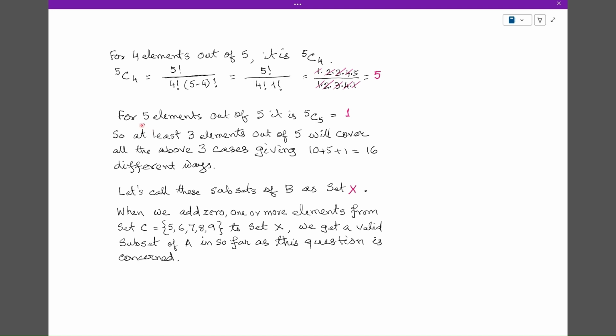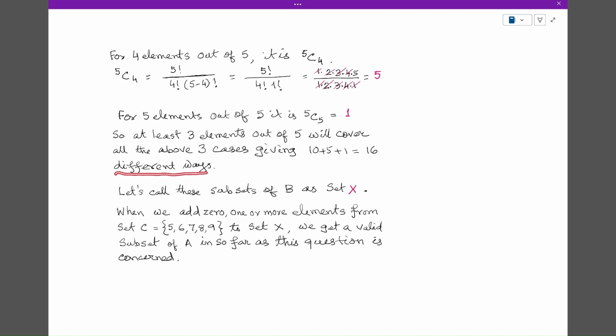Similarly, for 5 elements out of 5, it is 5C5, and you can check yourself, it will become 1. Therefore, at least 3 elements out of 5 will cover all the above 3 cases, giving 10 plus 5 plus 1, that is 16 different ways.